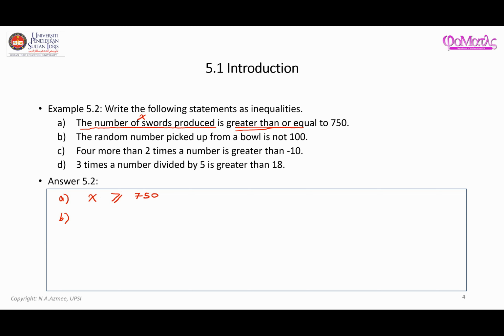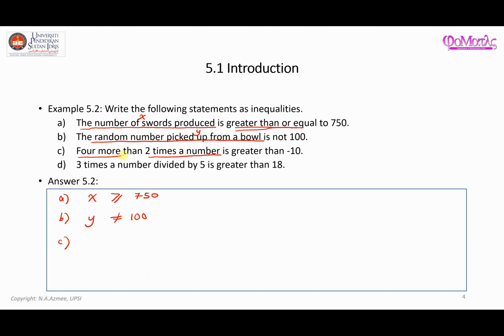Now the random number picked from a bowl, this one can be represented by another alphabet, let's say y. So y represents the random number picked from a bowl, so y is not equal to 100. Next, 4 more than 2 times a number is greater than negative 10.